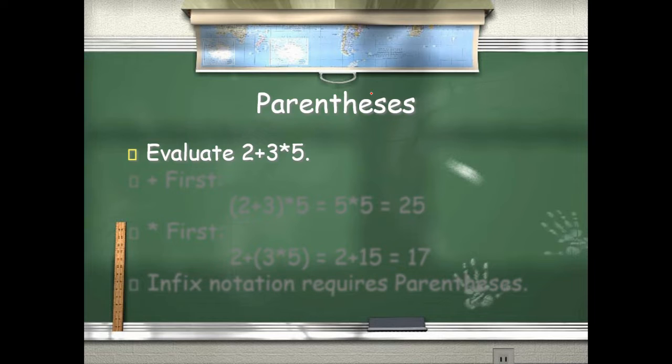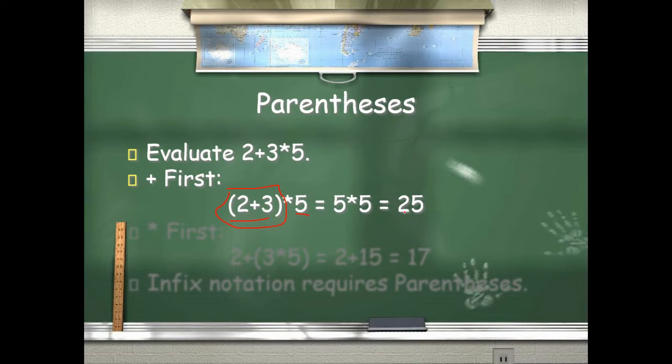Since childhood, we are learning mathematics and we know some operator precedence rules. Suppose a particular expression is given as 2 plus 3 star 5. So you can either solve it by putting the parenthesis like this. If I am putting parenthesis for 2 plus 3 and then multiplication by 5, this is a term in parenthesis, so it will be evaluated first.